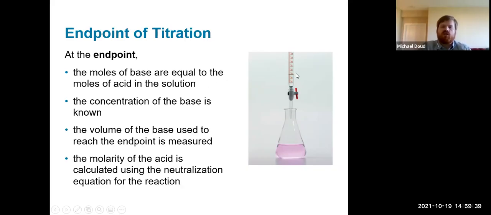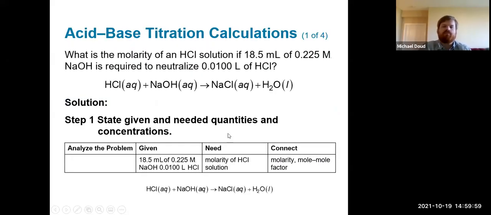So if the concentration of the base is known, you can use the volume of the base that you added with this equipment, the burette, to reach that endpoint, and you're then able to measure, first off, the number of moles of base that you added, and from there, the number of moles of acid that were in here to react with it.